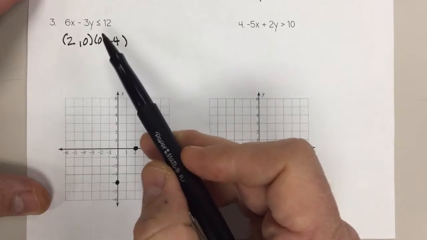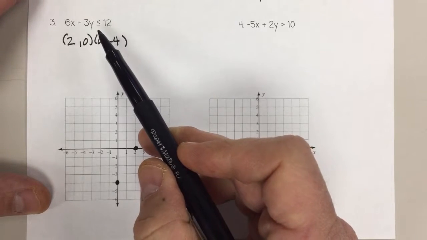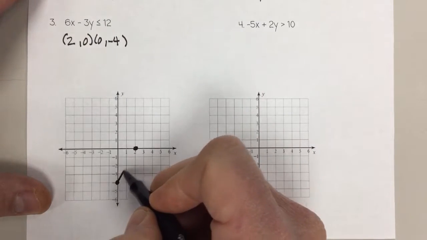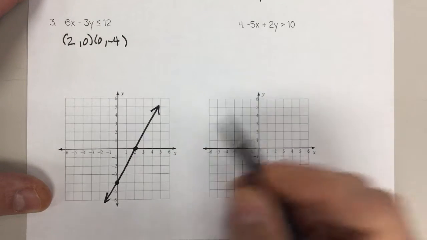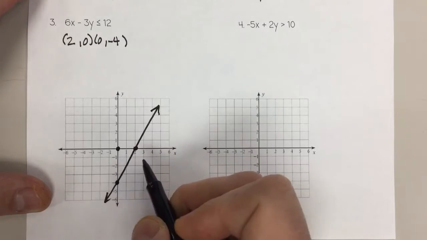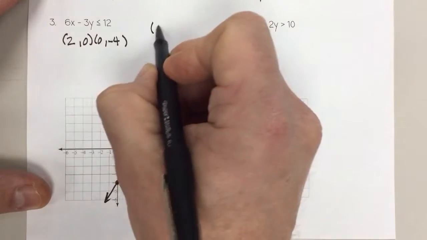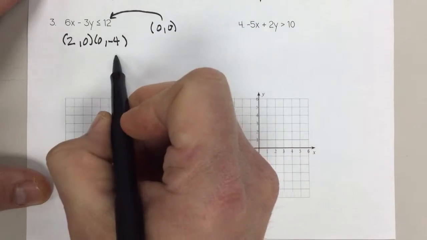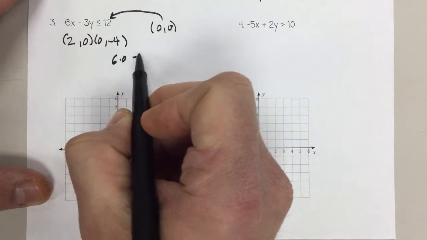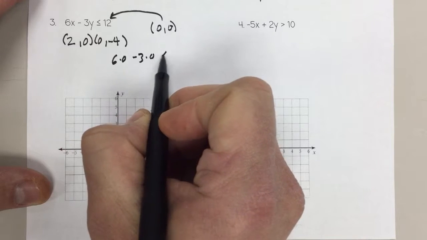Before I draw the line, I check to see if there's an equal sign. There is, which means this will be a solid line. And then I choose a point, and I'm going to choose 0, 0, because that's an easy number to plug in. I'm going to plug that into the inequality. So it's 6 times 0 minus 3 times 0 is less than or equal to 12.